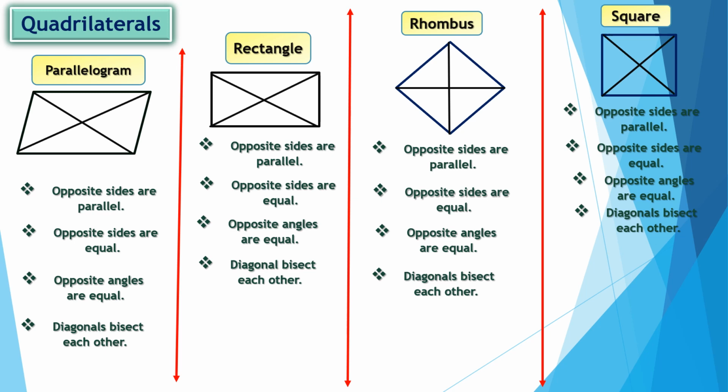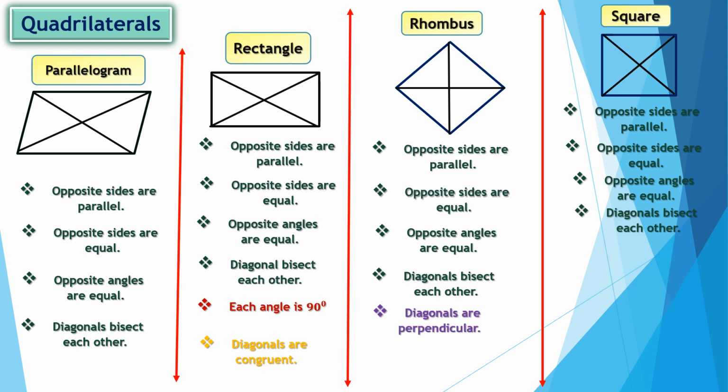These 4 properties are the same for all these quadrilaterals. Parallelogram has these 4 properties. Rectangle also has these 4 properties. Rhombus also has these 4 properties, and square also has these 4 properties. Rectangle also has each angle 90 degrees and diagonals are congruent.